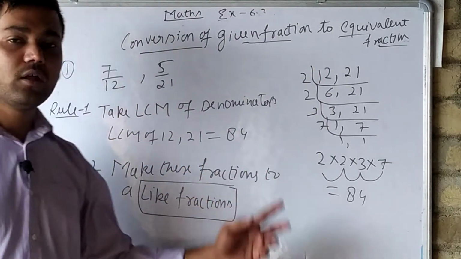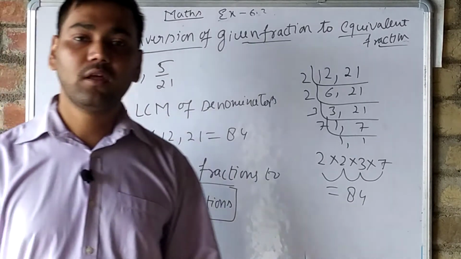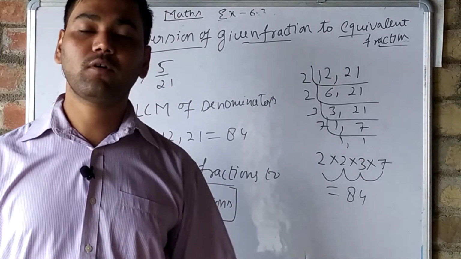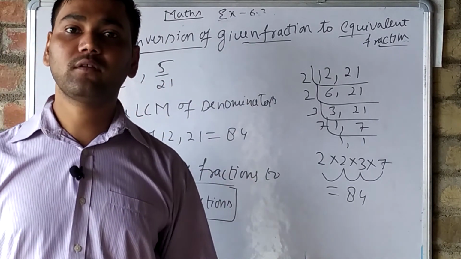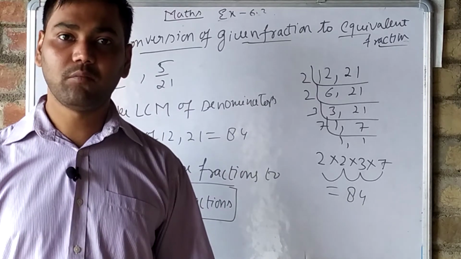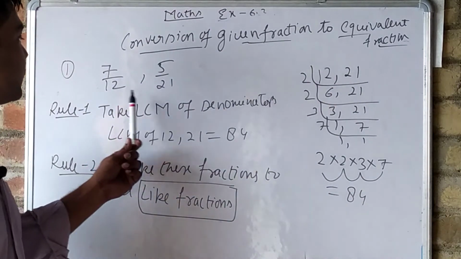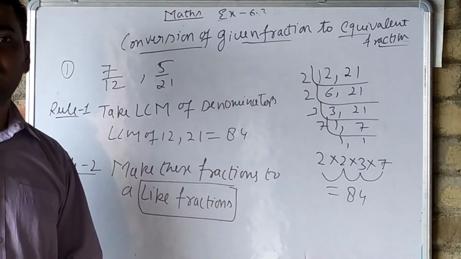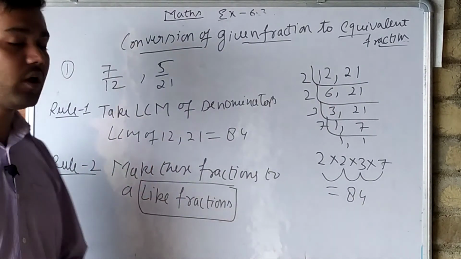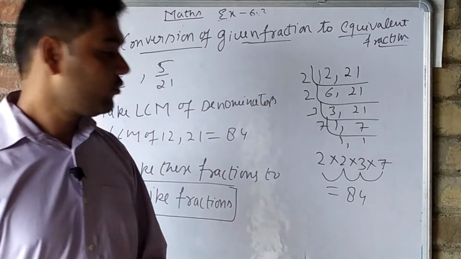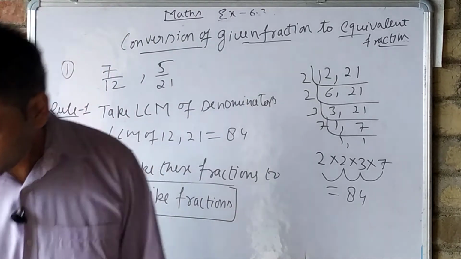How do we convert? What are like fractions? As I have already told in our previous video, fractions in which the denominators are the same are known as like fractions. Here we are seeing that the denominators are different. Now what we have to do? We have to make the denominators the same.